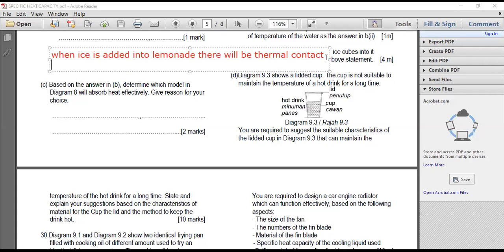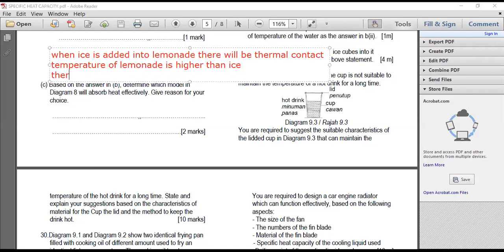And then next you say the temperature of lemonade is higher than ice. Next you say there is a net flow of heat from lemonade to ice.